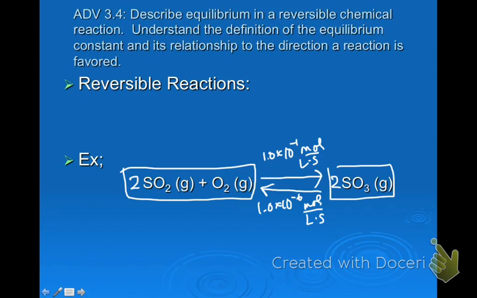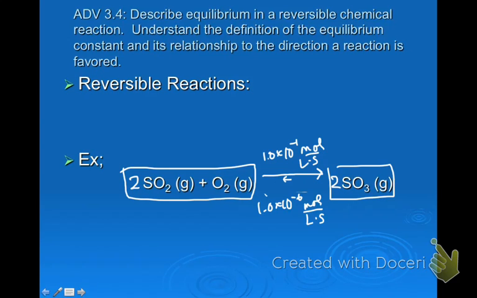So you are making much more SO3 than you are using up to go backwards. So if you were to show this maybe by drawing arrows to represent magnitude, for every time that you go and make SO3, you are only making a teeny tiny bit of the reverse reaction. So those rates are not necessarily always the same, but at equilibrium, they will be.